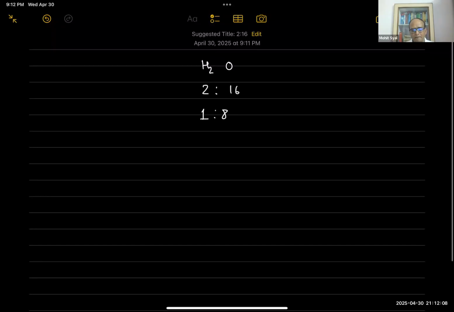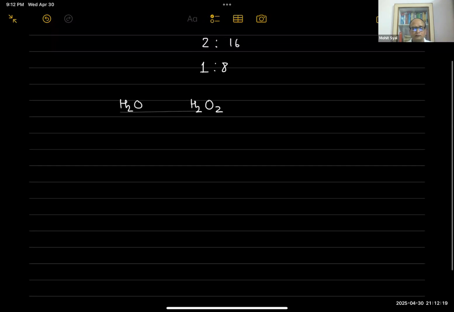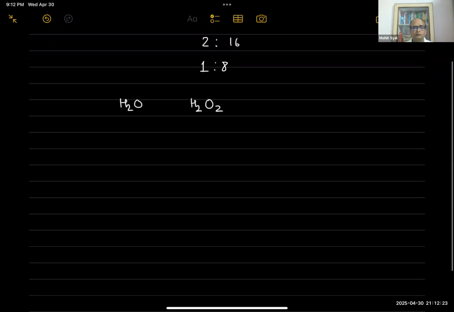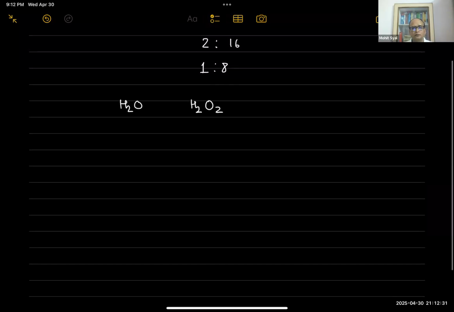So, for example, how will you prove the law of multiple proportion in water and H2O? So you need to take the mass of any one element same in both the compounds.